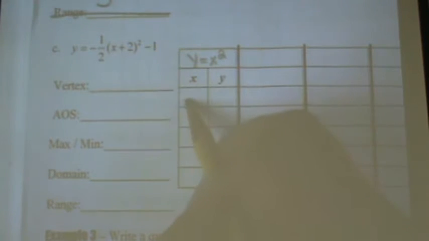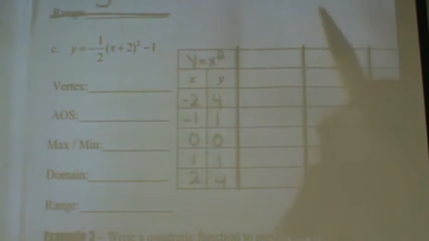Okay. Let's try another one. So what do we do? Y equals x squared. What do we put here? Negative 2, negative 1, 0, 1, 2. So we have 4, 1, 0, 1, 4. What's our first thing we're going to do?